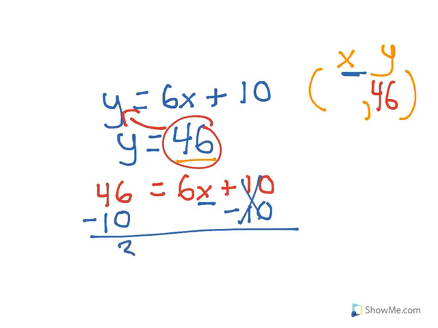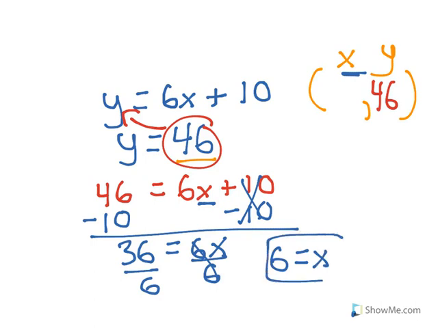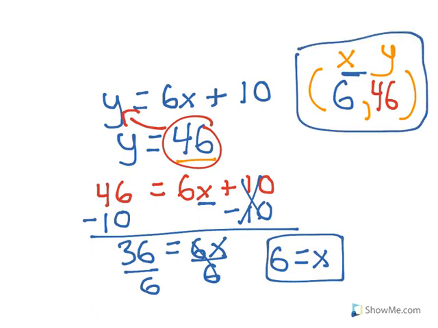I'm going to be left with 36 is equal to 6x, and I'm going to divide by 6. And I'm going to get x is equal to 6, or 6 is equal to x, which is going to go right here. So my final answer is going to be 6 is equal to x, and y is equal to 46.